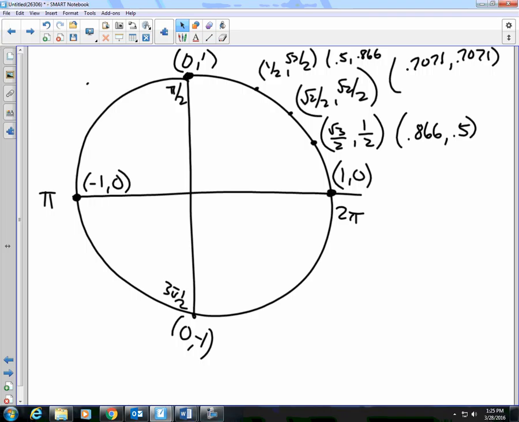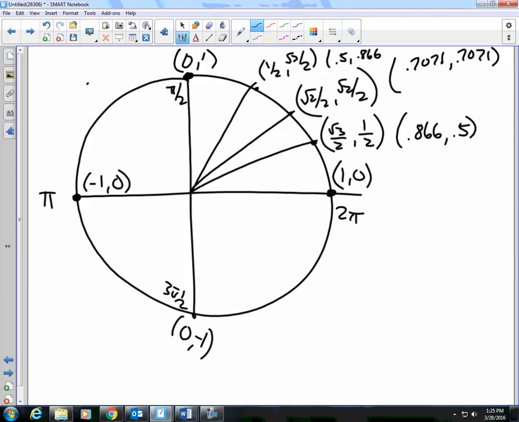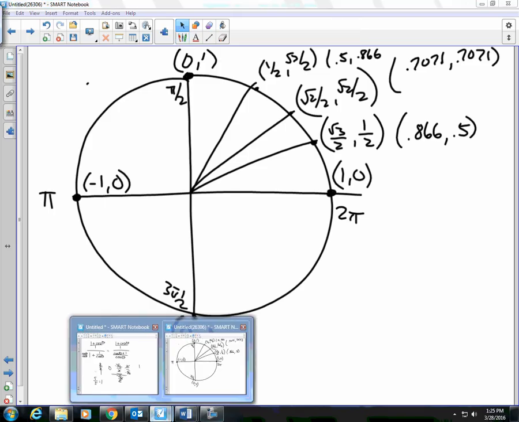So at pi over 6, right here, and then this was pi over 4, and this was pi over 3. So the y values go 0.5, and then 0.7, and then 0.8, and then 1. That's what I'm going to map out.